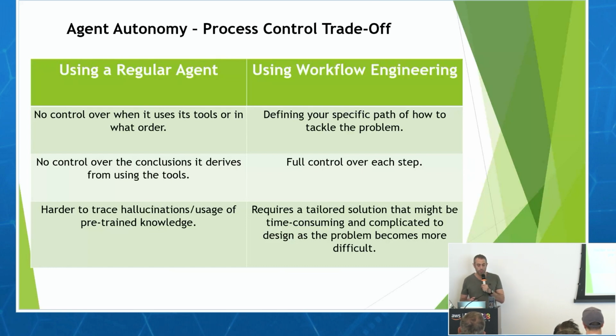And so if you're using a regular agent, we don't have control over when it uses its tools or in what order. And we cannot control the conclusions it derives from the tools. And especially it's very hard to trace hallucinations that you have inside the mechanism and the use of pre-trained knowledge used by the LLM.